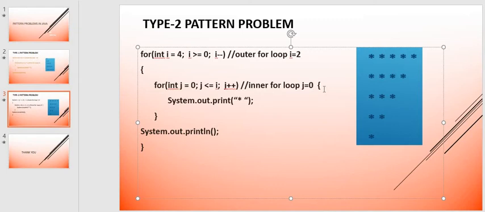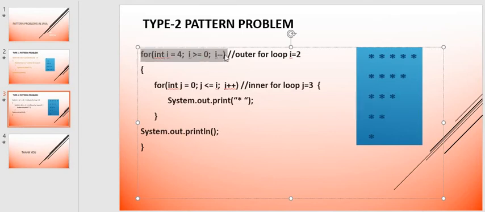Okay. So j equal to 1 again. After incrementing j, second star will get printed. For j equal to 2, third star will get printed. Now after that, j value will get incremented again. j value will become 3. 3 less than or equal to 2. Condition false. It will come out of this loop. It will print a new line. Okay, it will come here.